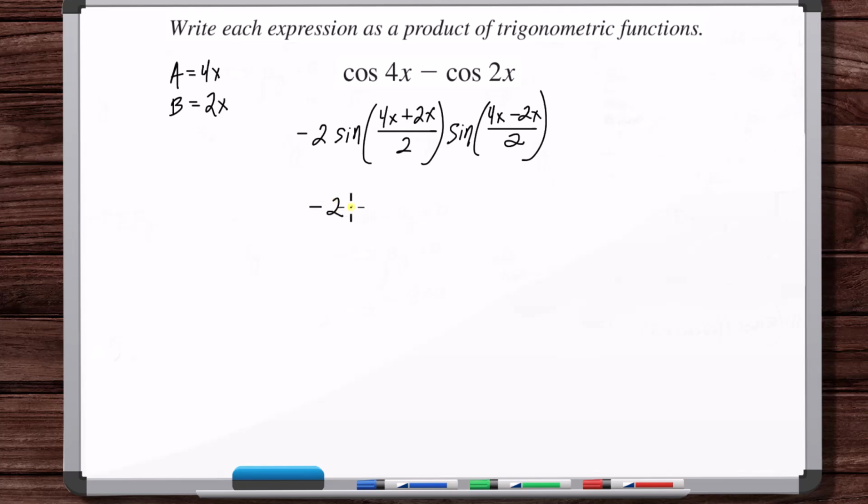Okay, so there we go. So minus 2 sine of 6x divided by 2 times sine of 2x divided by 2. So minus 2 sine of 3x times sine of x.